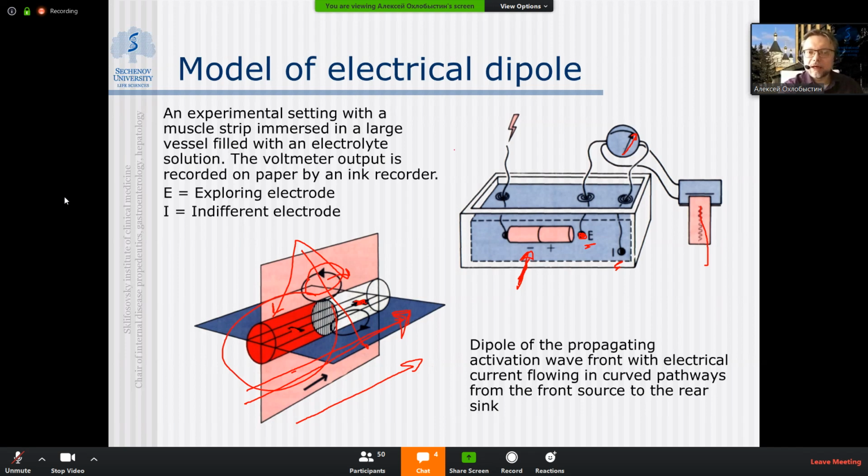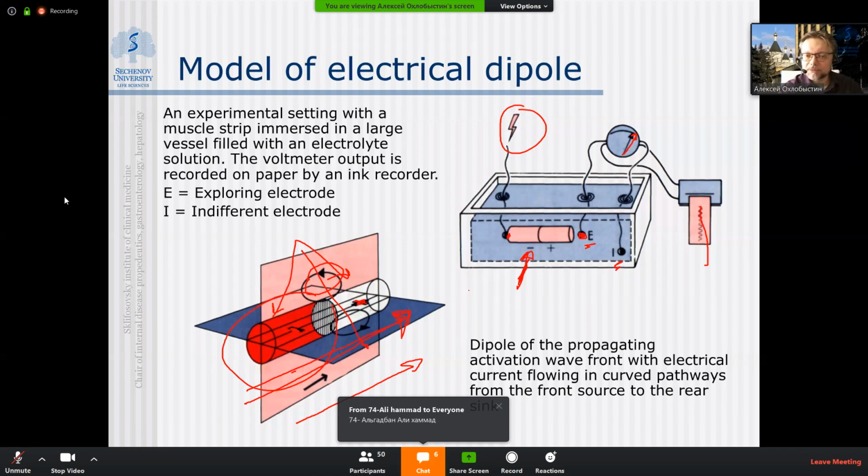So once again, what we do to our patient is nicely presented by this scheme. We have a portion of the muscle that may be activated. The activation may be electrical, mechanical, chemical, any, or it may be inner if there is some kind of pacemaker inside.